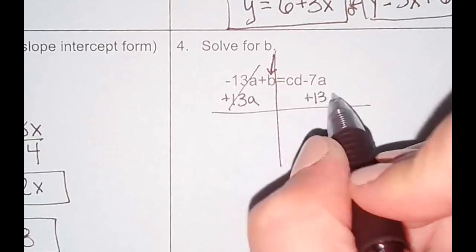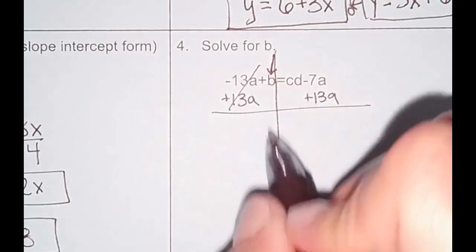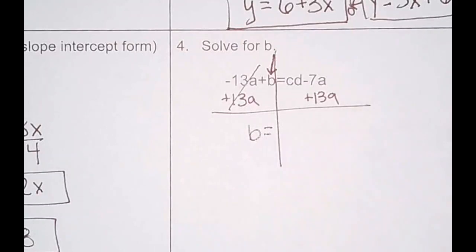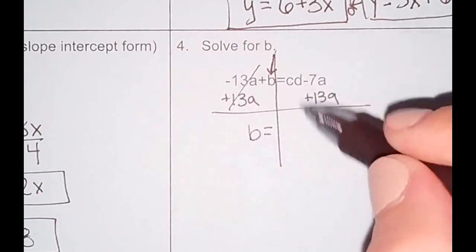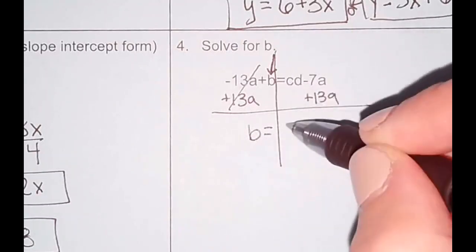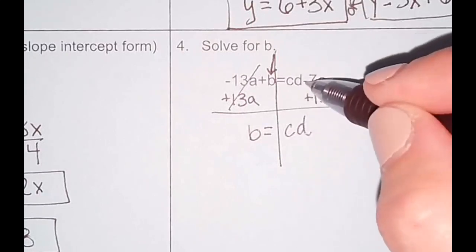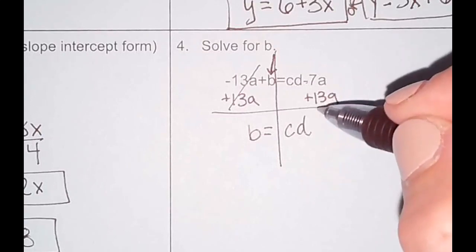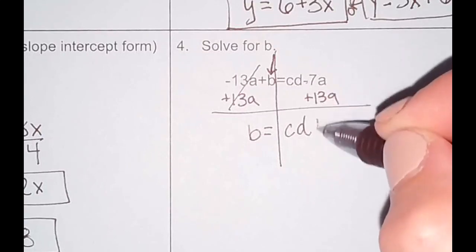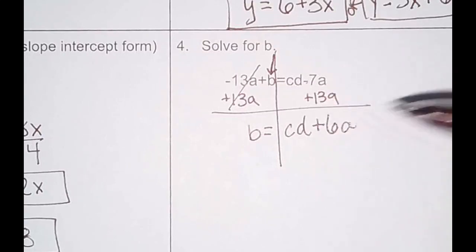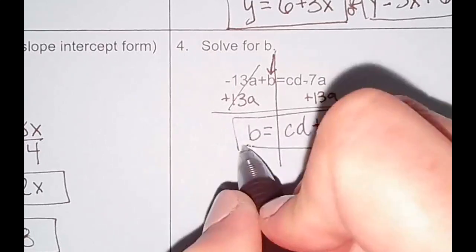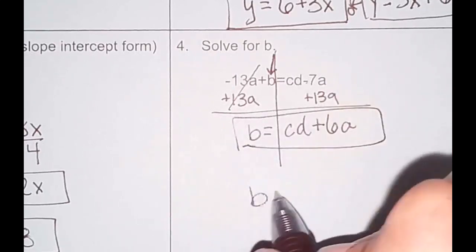Last one. Okay. This time I'm solving for a. Notice there's a's on both sides. Well, let's go ahead and move. I know a lot of us like to have our variables on the left side, so let's go ahead and move this negative 7a to the left. I'll draw my wall here. It's negative 7a, so I'm going to add 7a, and I'm going to stack it under my like terms.